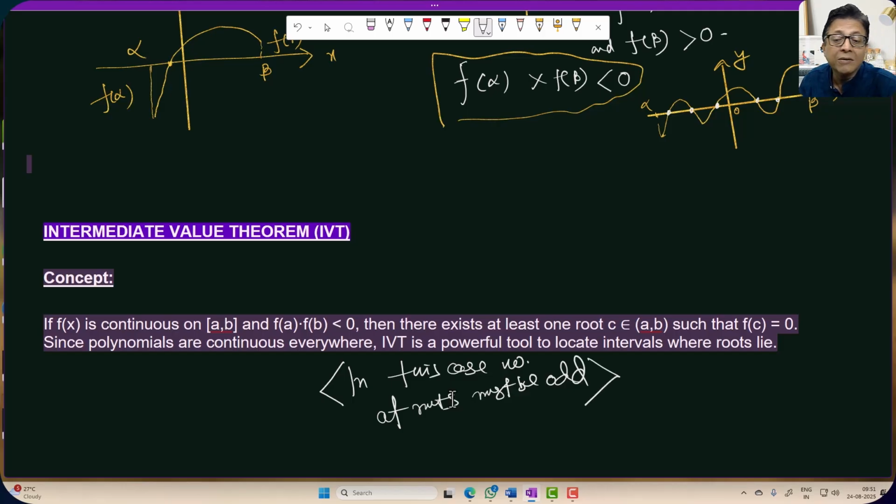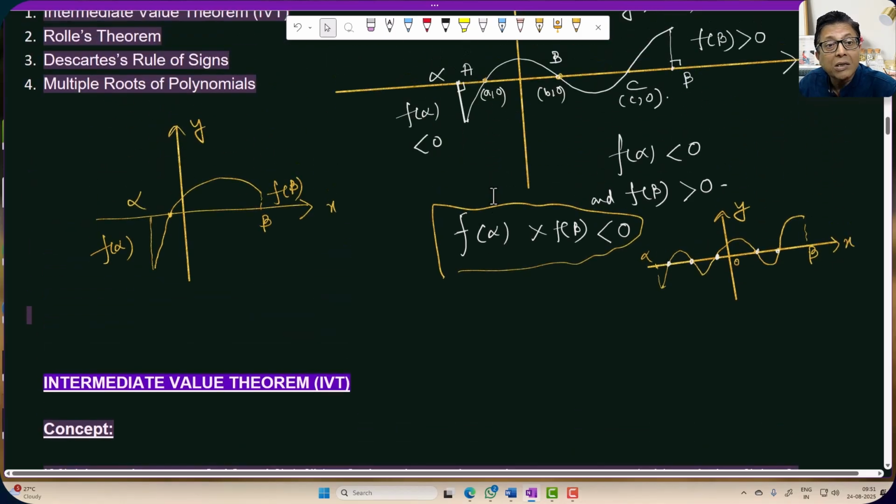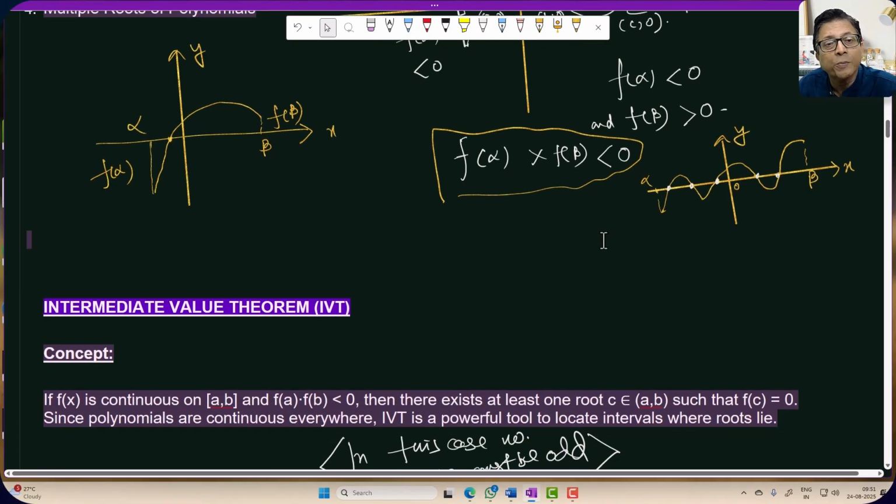Am I clear? 1 or 3 or 5, more than that is also possible. So be sure that if f(alpha) and f(beta) are of opposite signs, then there exists an odd number of roots between the 2 points alpha and beta.